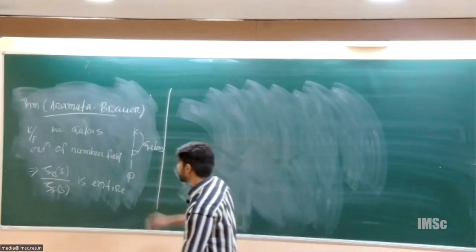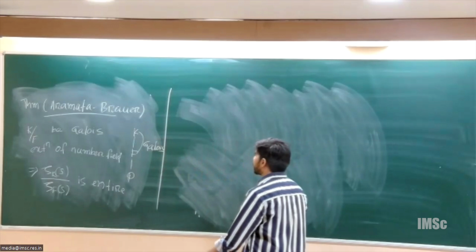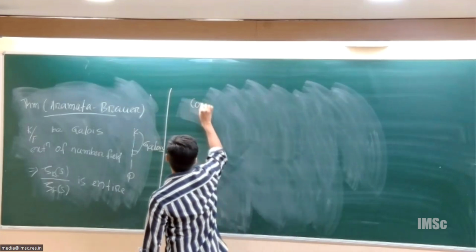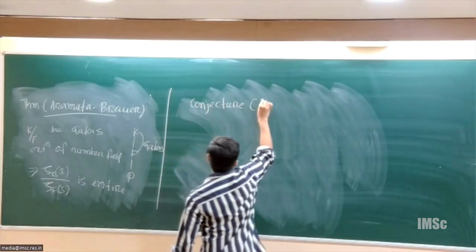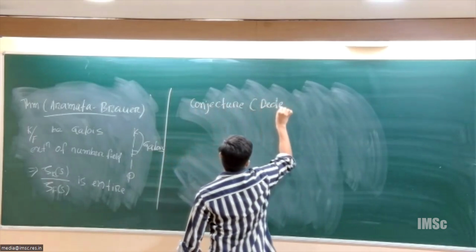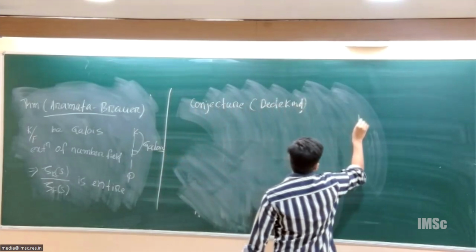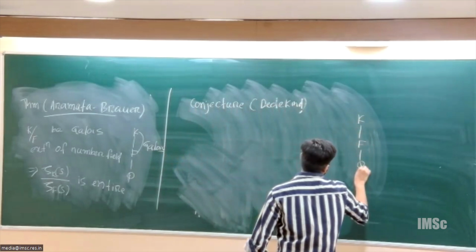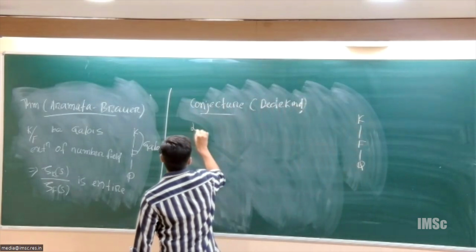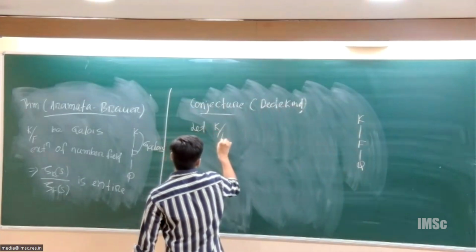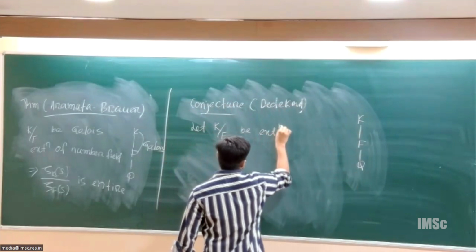This theorem is expected to be true for any extension of number fields. That is a conjecture of Dedekind. Let K over F be an extension of number fields.